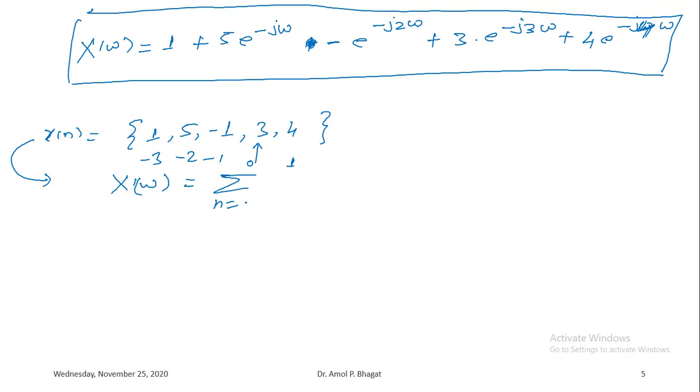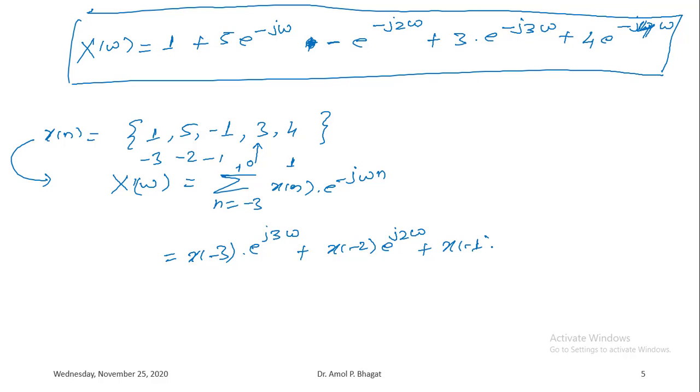So we can vary n from minus 3 to 1, x of n into e to the power minus j omega n. Substituting these values, it will be x of minus 3 into e to the power j 3 omega, plus x of minus 2 e to the power j 2 omega, plus x of minus 1 e to the power j omega, plus x of 0 into e to the power 0, plus x of 1 into e to the power minus j omega.